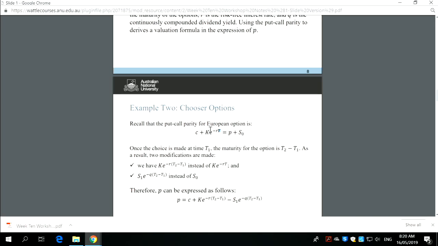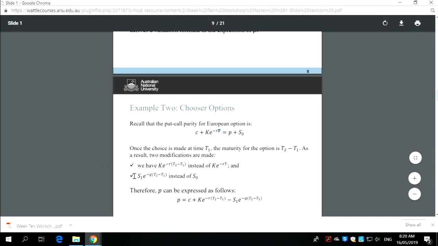That's easy. For example, with the present value of the strike, instead of K times e to the power of minus rT, we have this expression here. The second thing we need to do is, because we're dealing with an asset that pays a dividend yield, and we know how to deal with such an asset from prior weeks, we simply remove the dividend yield from the current spot price.